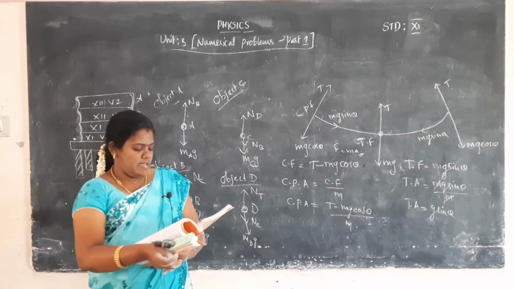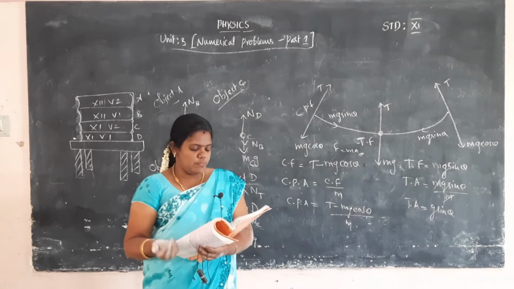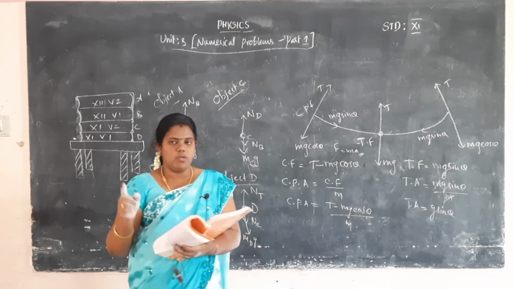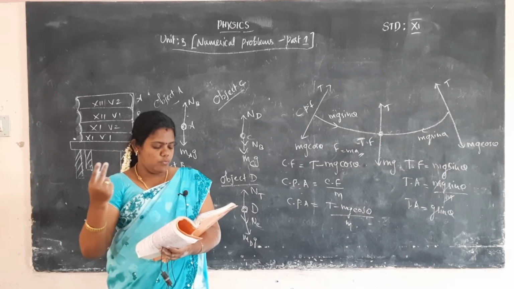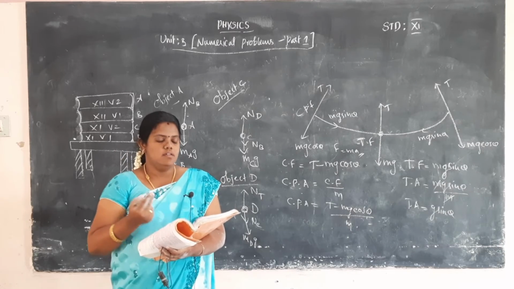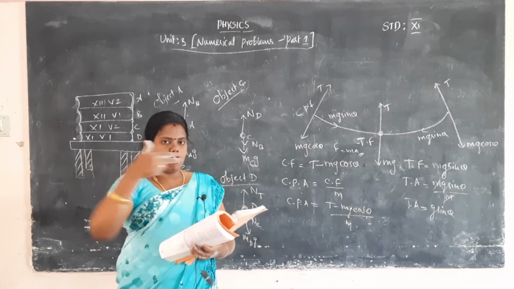Sixth problem I will explain later. Okay. Seventh one: calculate the acceleration of the bicycle of mass 25 kg as shown in figure 1-2. In your book there are two pictures. A bicycle has two wheels, front wheel and rear wheel. The bicycle moves forward.